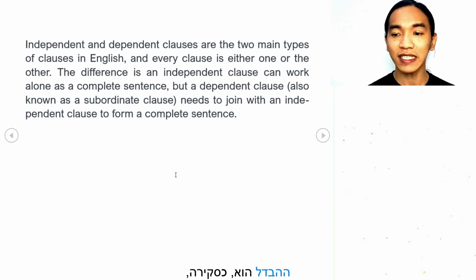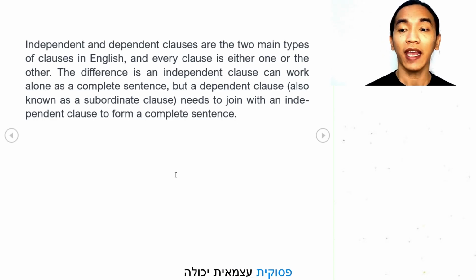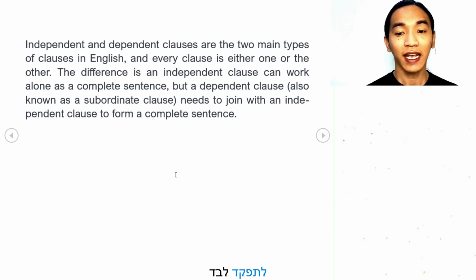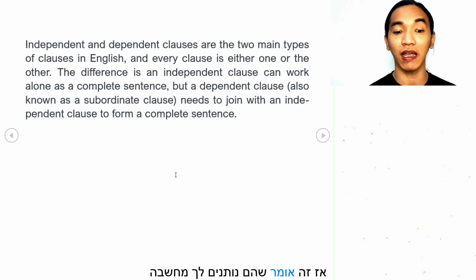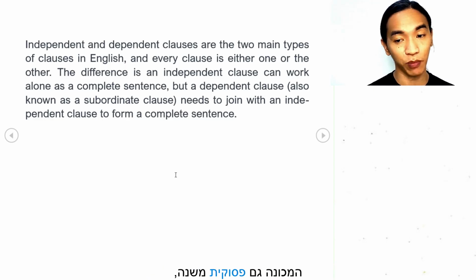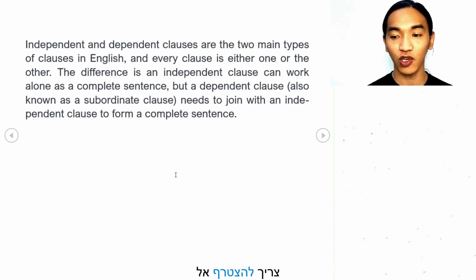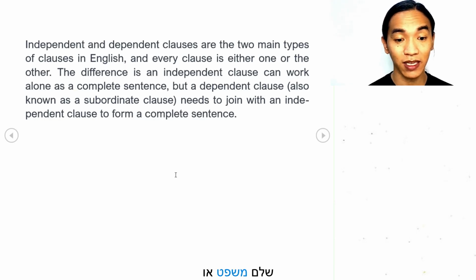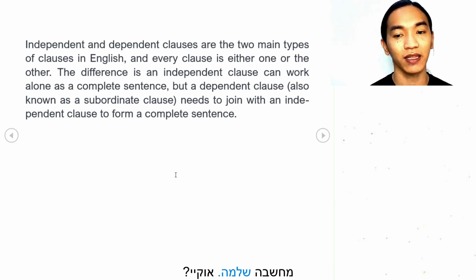As a review, independent clauses can function alone as a complete sentence, so they give you a complete thought. But a dependent clause, also known as a subordinate clause, needs to join with an independent clause to form a complete sentence, or a sentence with a complete thought.